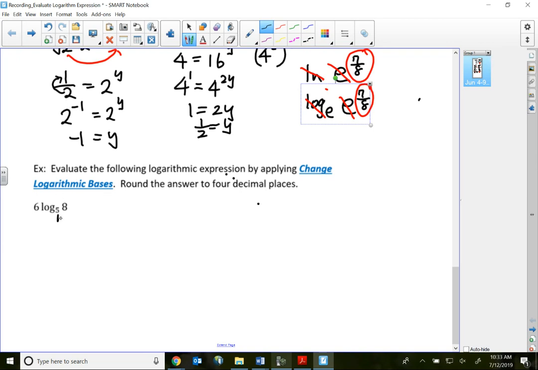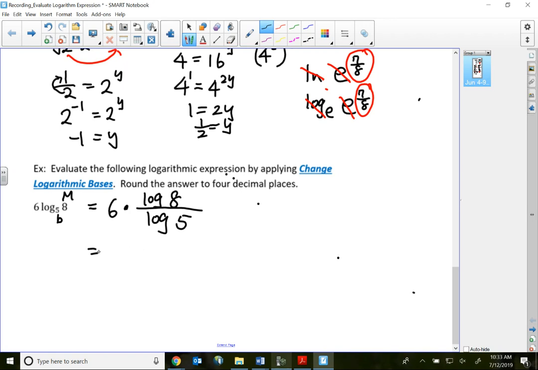My base b is 5, my m is 8. So this is going to be 6 times log with the base a, where a can be 10 or e. So that will be log with base 10 of my m divided by log with base 10 of my b, which is 5.